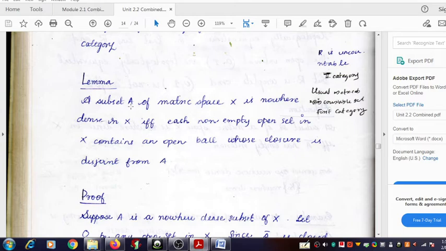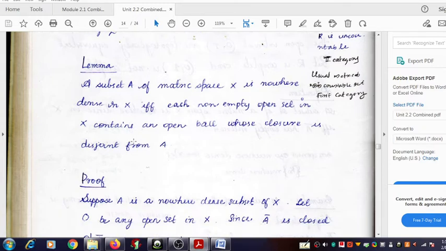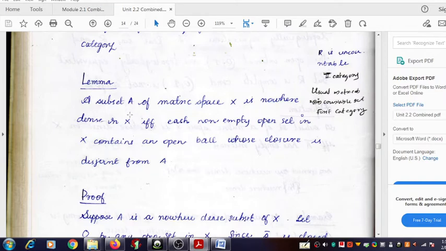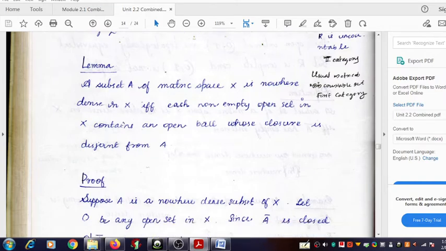The two types of subsets are taken here: A is a nowhere dense subset of X, and the second is a non-empty open subset of the same metric space. We are comparing these two, and we establish an if and only if statement, and that becomes a characterization of nowhere dense subsets of X.